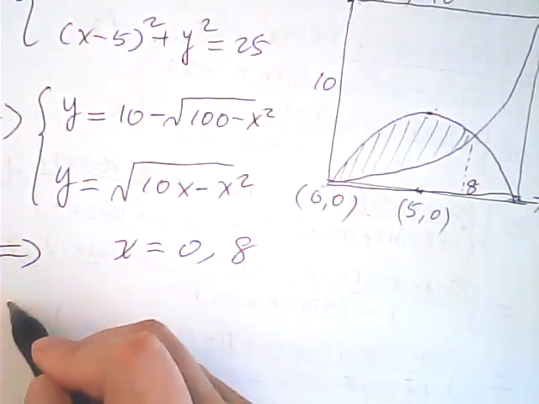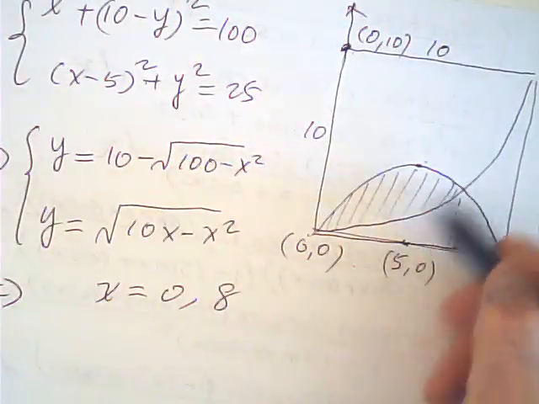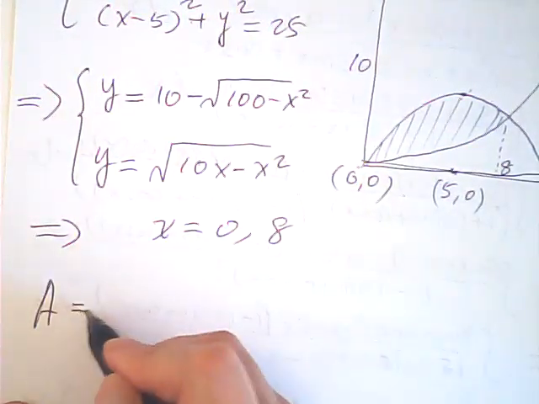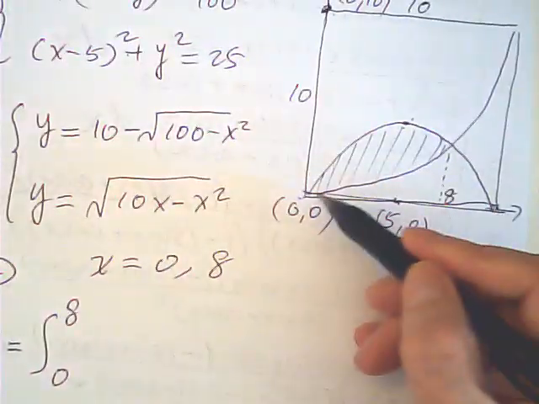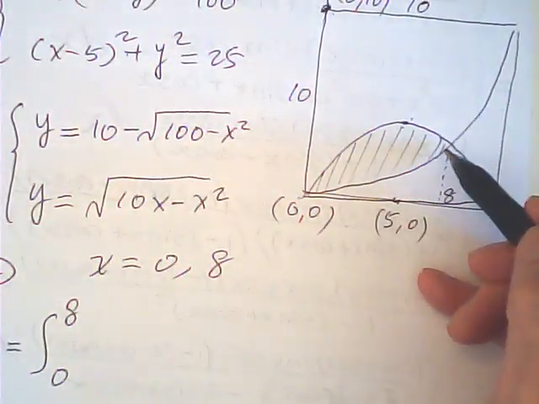Now then, the area of this shaded region is simply the integral from 0 to 8 of this function minus this function, right?